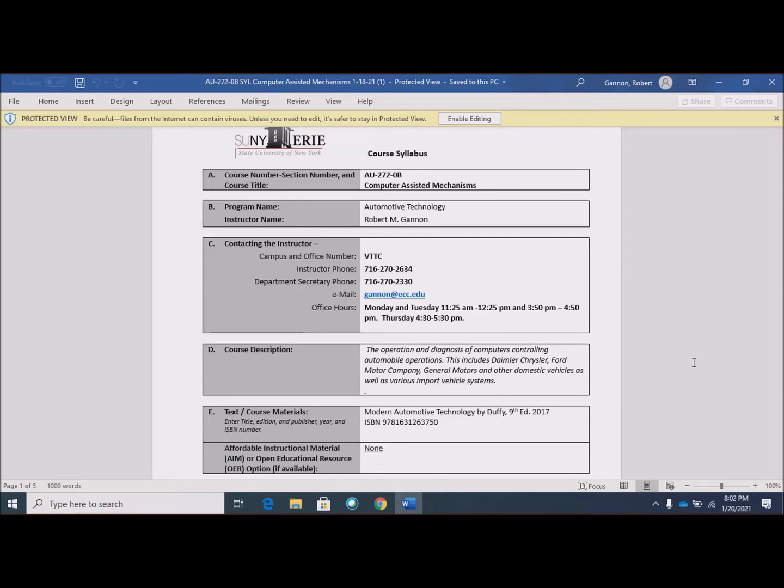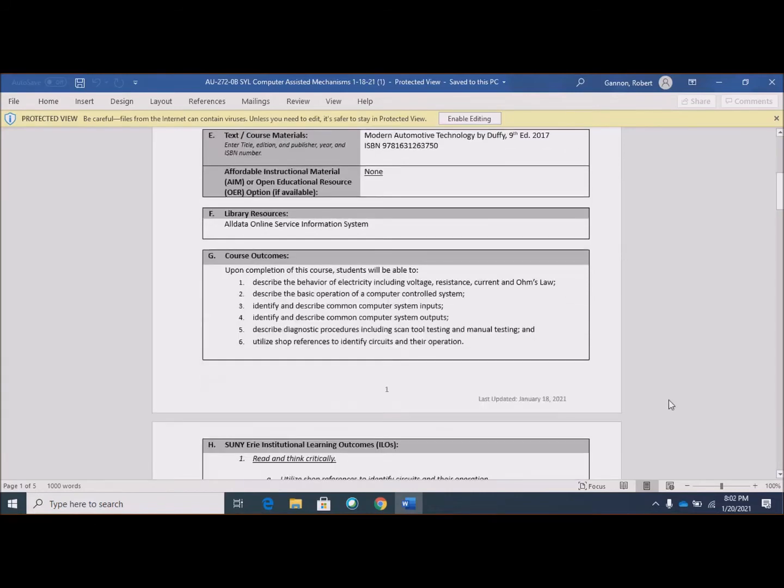What we're going to do instead is try to learn what these devices are and how they're controlled, or how they feed information into the system, into the computer. So we'll use ALLDATA here a lot for examples. We'll be bringing up a lot of wiring diagrams.